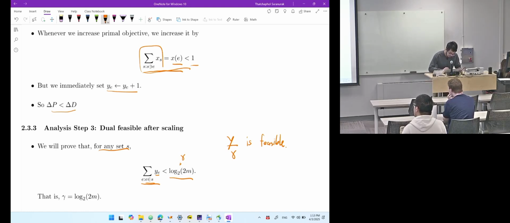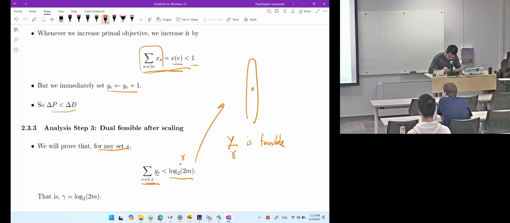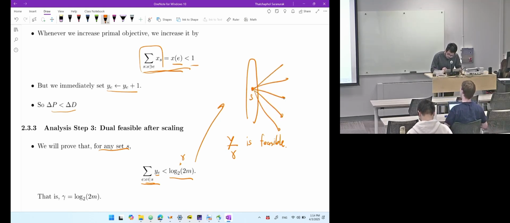Let's write down what it means here. You have a set S and it contains several elements, right? And then ye1, ye2, ye3, each of these.